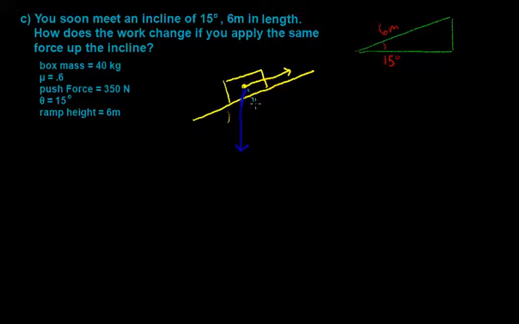And then we have our perpendicular component of gravitational force, and that points into the ramp. We have our parallel component of force, and then we have normal force, which we'll do in the same color as perpendicular force because that is equal in magnitude and opposite in sign to the perpendicular force.